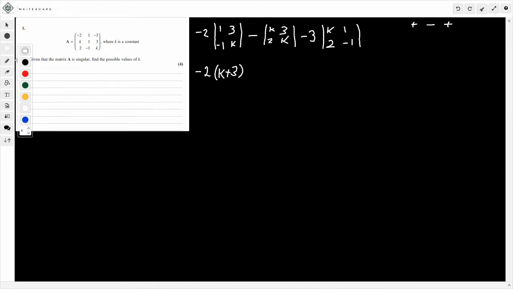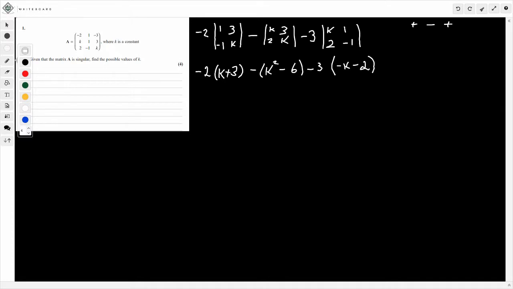Minus the determinant of this, that's going to be minus. Now I'll put this in brackets just to keep it nice and clear. K times K is K squared. Minus 2 times 3, so minus 6. That's that one done. And then minus 3 on the outside, and then bracket, minus 1 times K, so minus K, minus 1 times 2, so minus 2.